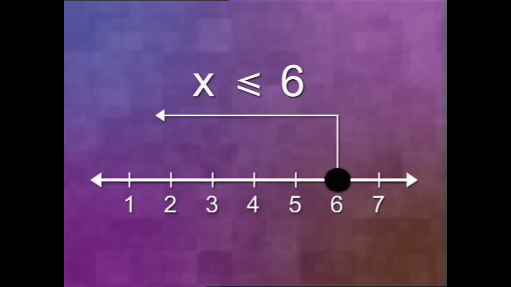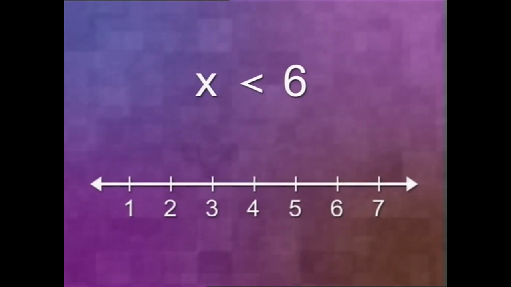This filled dot shows that the number 6 is included in the values. So the possible values of x include all the numbers to the left of 6, including 6 itself. But if x is definitely less than 6, this is its graphical representation on the number line. The hollow dot means that 6 is not included. X therefore is any number to the left of 6 on the number line, excluding the number 6.